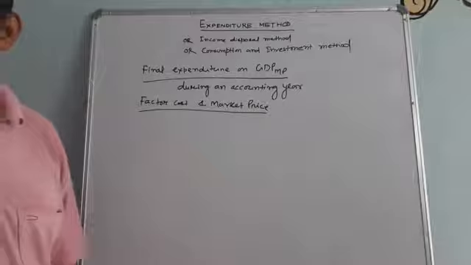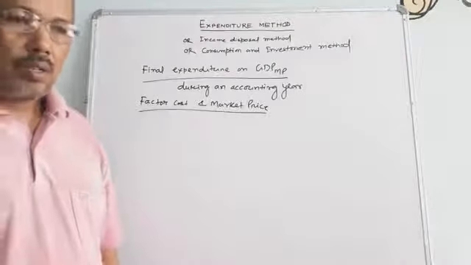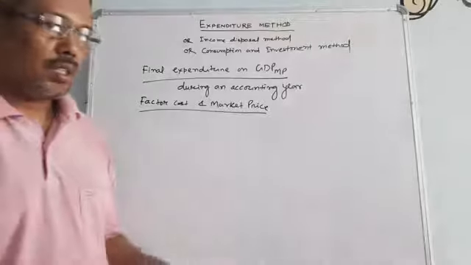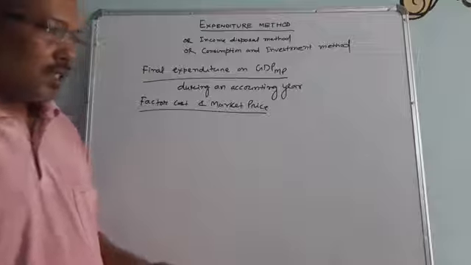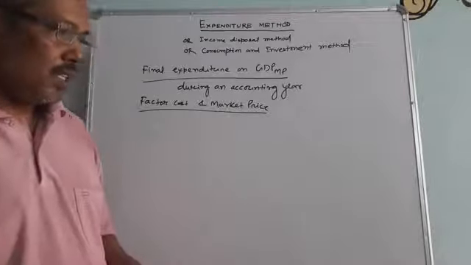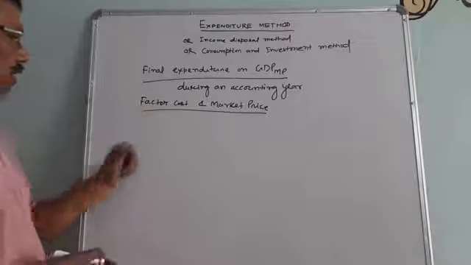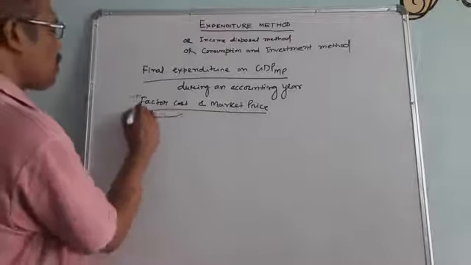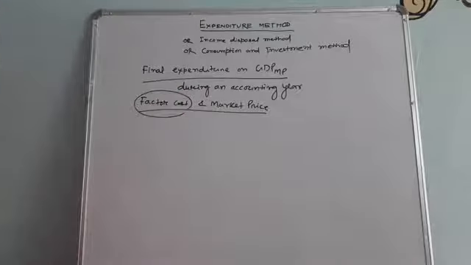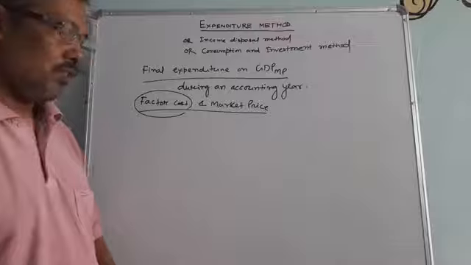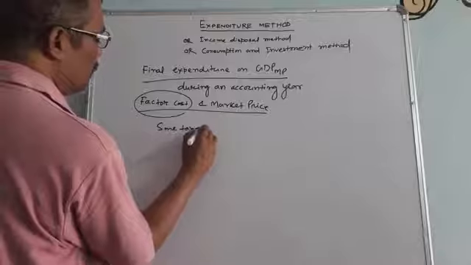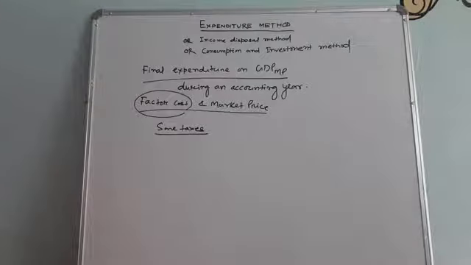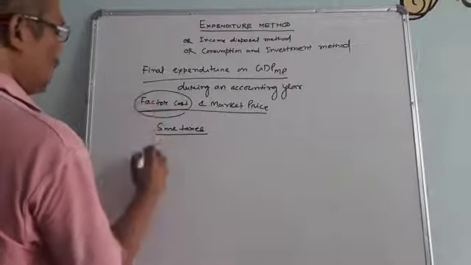When a producer produces the product, he is using land, labor, capital. In the process of production, the cost of production of the factors is known as the factor cost. After the production, there are some taxes. These are the indirect taxes that are imposed on that factor cost.